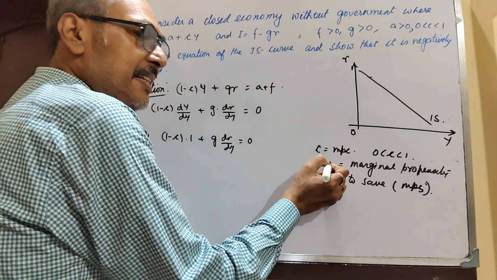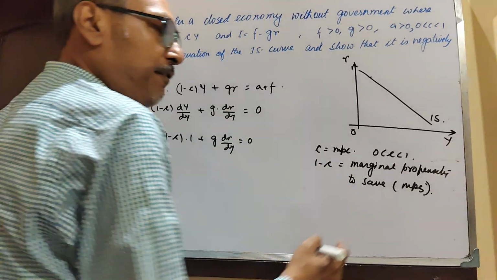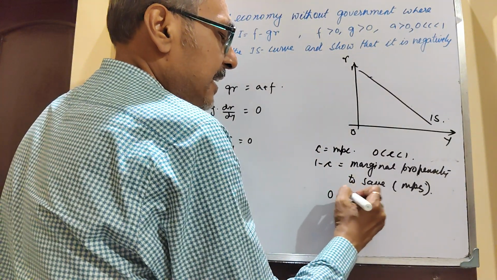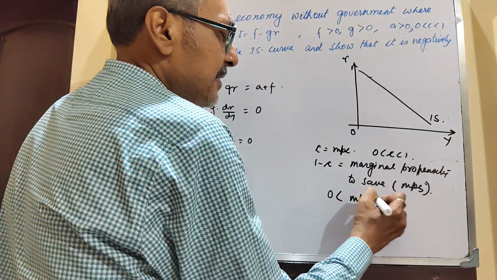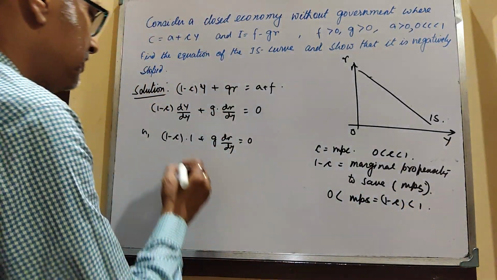Now small c is a positive fraction, therefore 1 minus small c is a positive fraction: 0 less than MPS equals 1 minus small c less than 1.